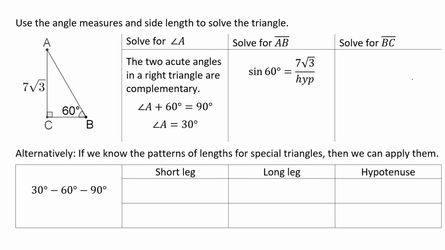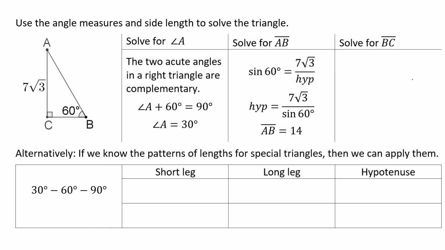If we're looking for the hypotenuse, O and H lead us to the sine. Sine of 60 equals 7 radical 3 over the hypotenuse, AB. A little bit of cross multiplication leads us to the hypotenuse equals 7 radical 3 over the sine of 60. And if we generate that with a calculator, we'll find out that AB equals 14.